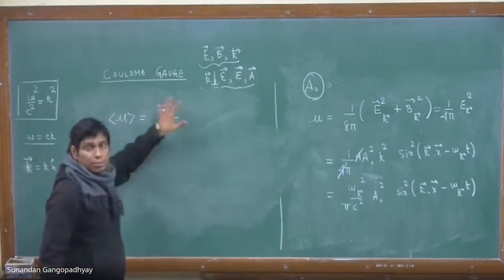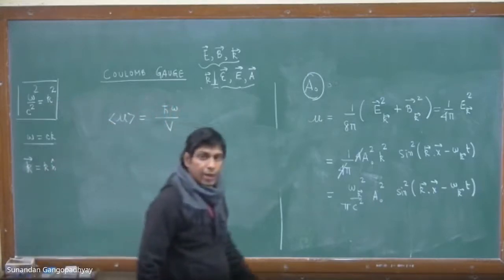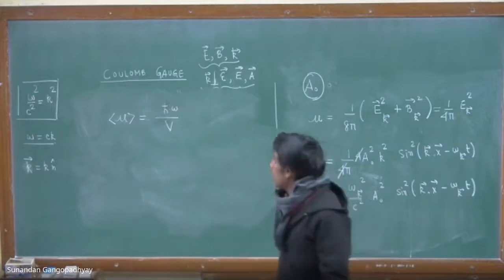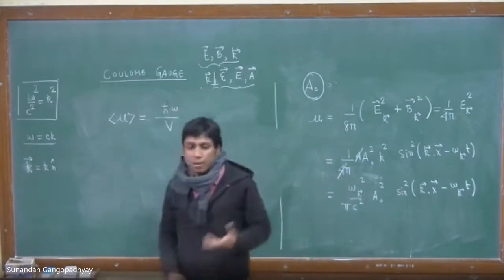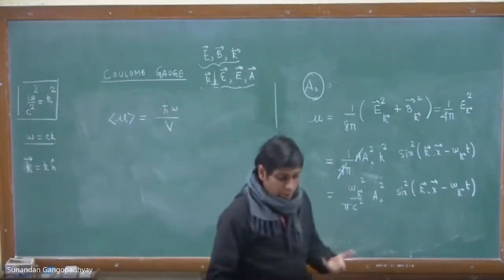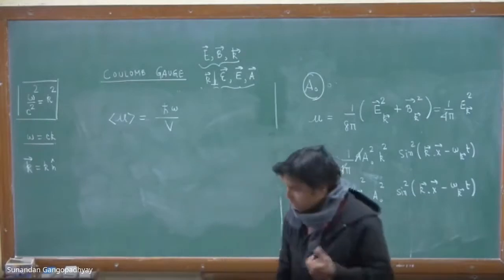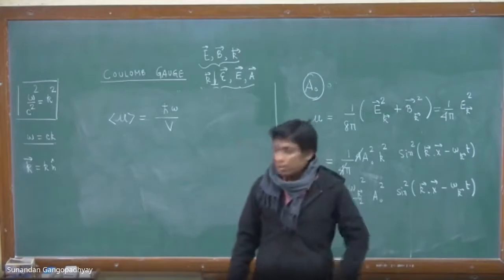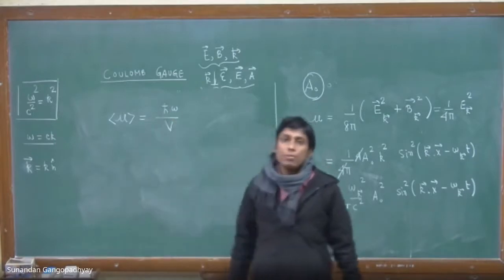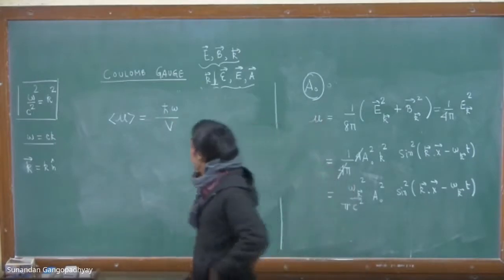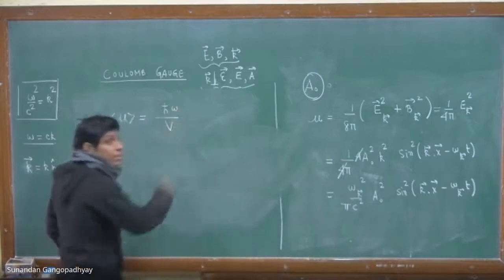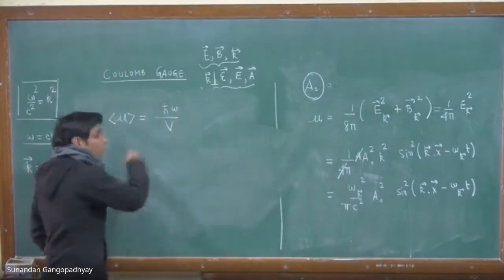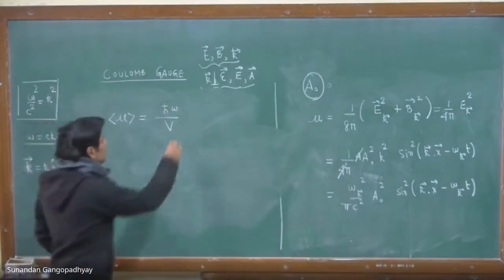So now at this point we are smuggling in quantum mechanics. We are saying that this time average of a single mode of the electromagnetic field is basically the time average of a single photon of the electromagnetic field, and you know that the photon has an energy of h bar omega, and since this is the energy density, that is h bar omega by volume V, and that is equal to this.